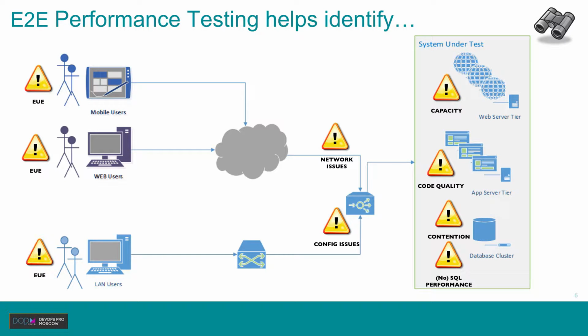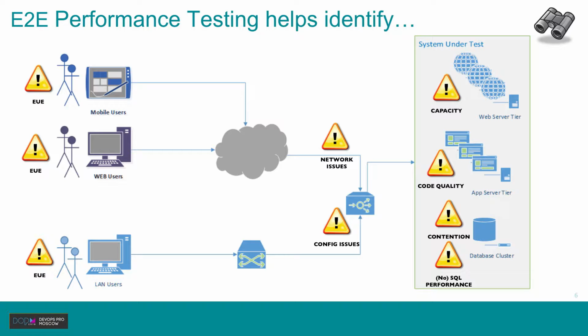So if we go back to our performance testing view again, this time a little bit more of a technical diagram. I think those of you that do performance testing, I'm sure you understand that performance testing helps identify a lot of problems or potential problems in your application and the infrastructure. So obviously the end user piece, what's our end user response time like? Do we have any problems with the network, with the configuration of our load balancers or our web servers?